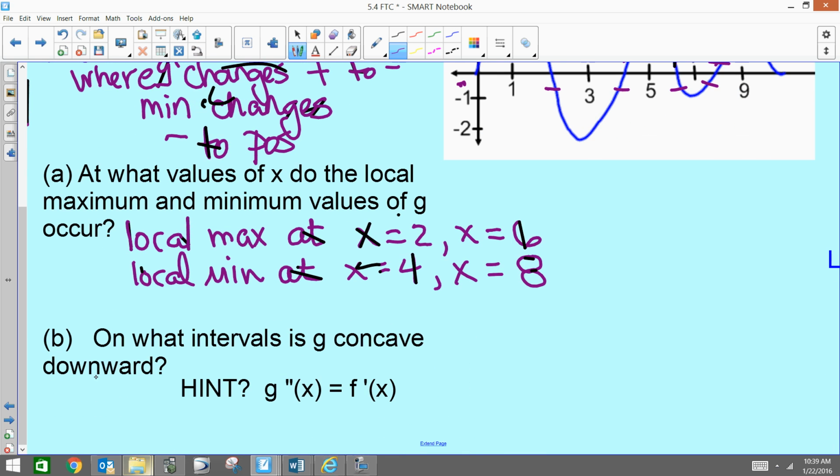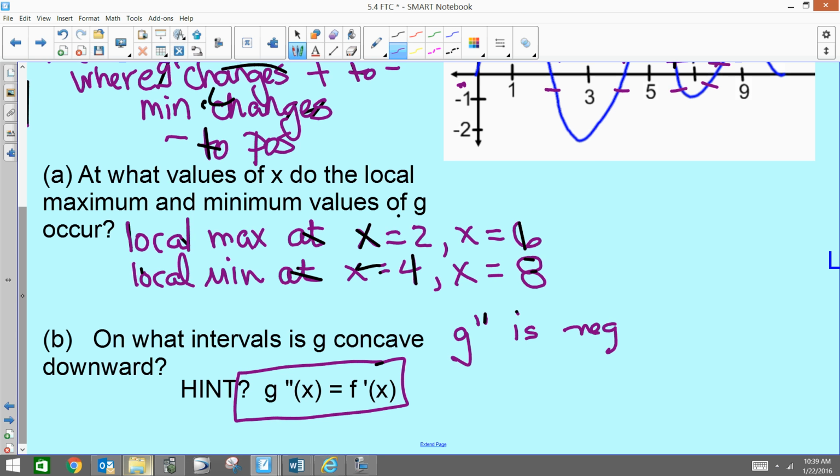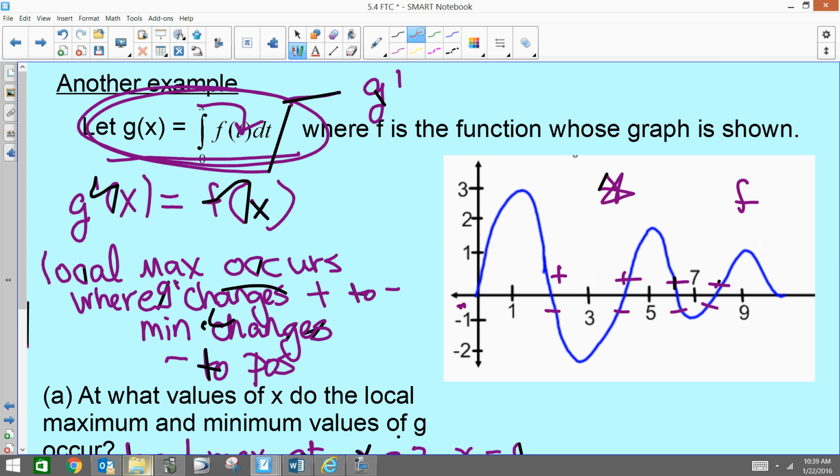Okay, and what intervals is G concave down, where G double prime is negative? So G double prime is going to be F prime. Remember, we're looking at F. So if we're looking at F prime, we are looking at the slopes.